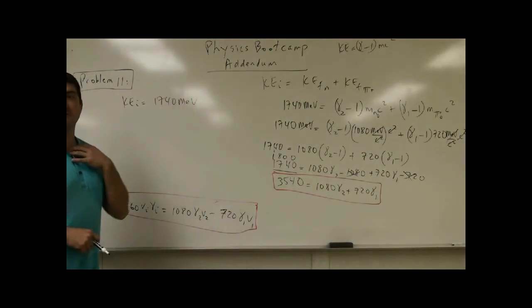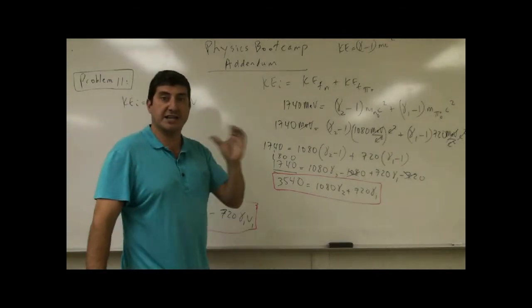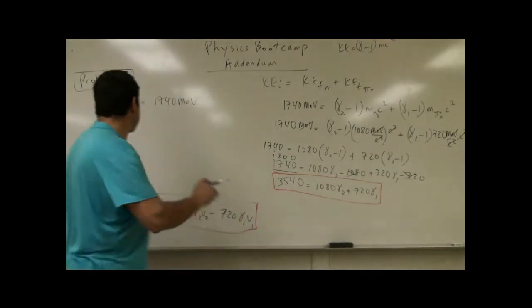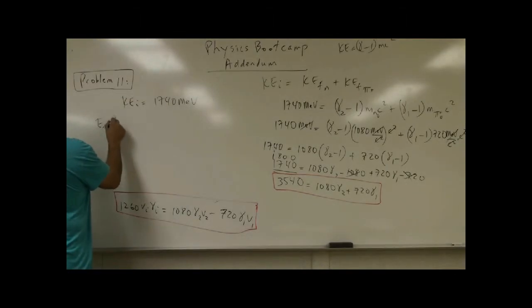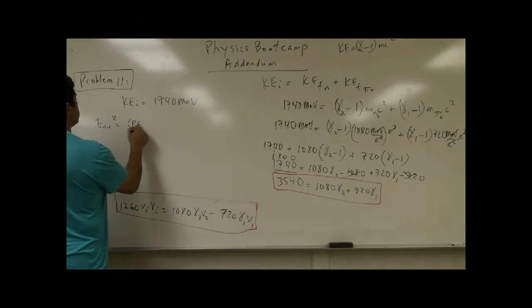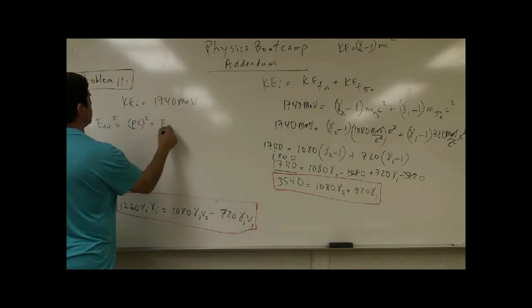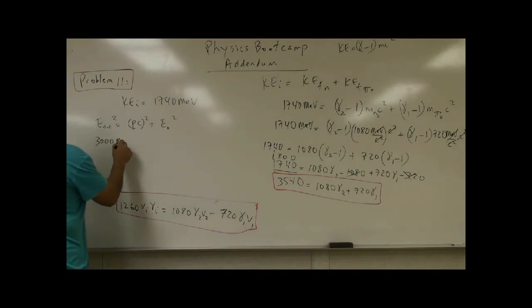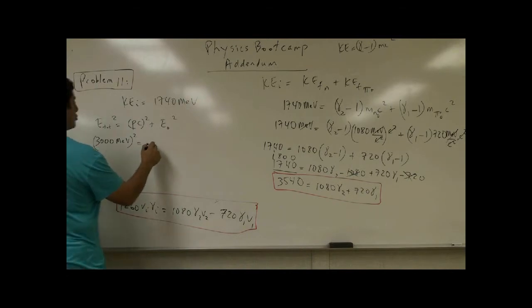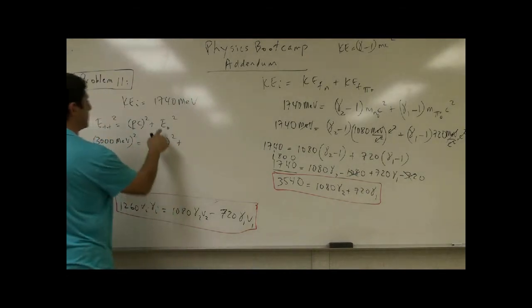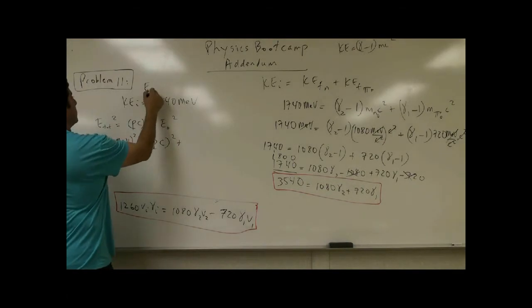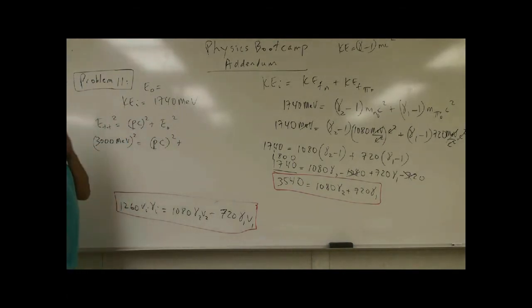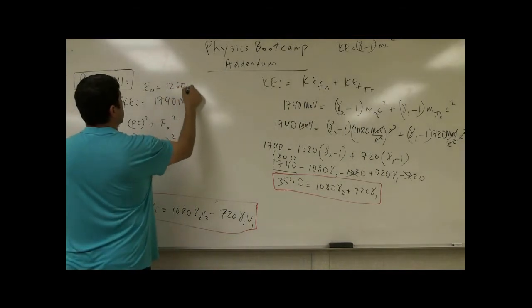Remember the last equation I gave you in the previous problem, the last equation of dynamics: the total energy squared is equal to PC squared plus the rest energy squared. So the total energy squared, that's equal to 3000. So 3000 mega electron volts squared is equal to PC squared plus the rest energy squared. The rest energy is equal to 1260 mega electron volts.